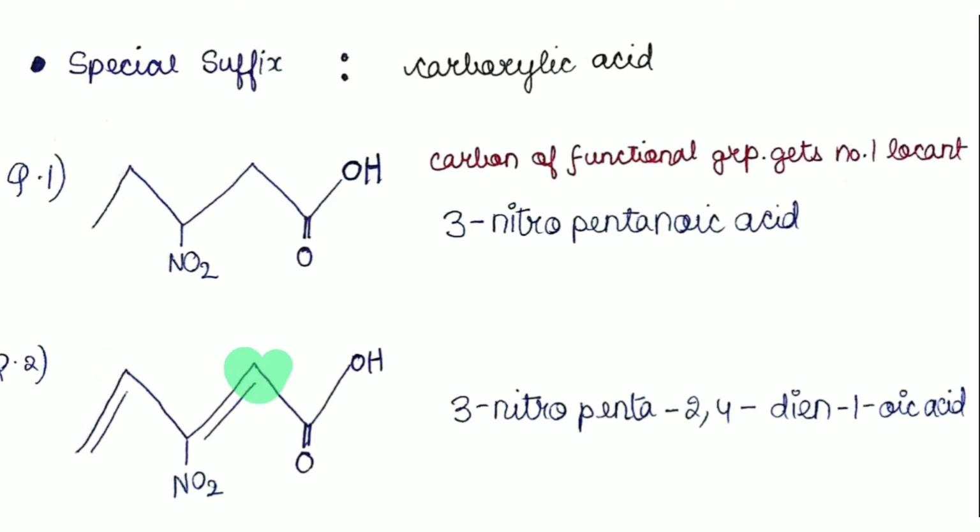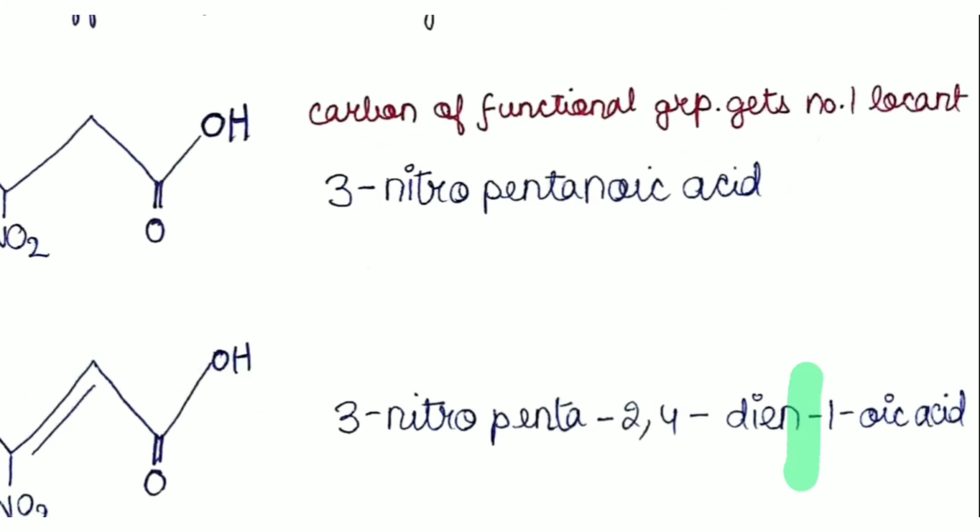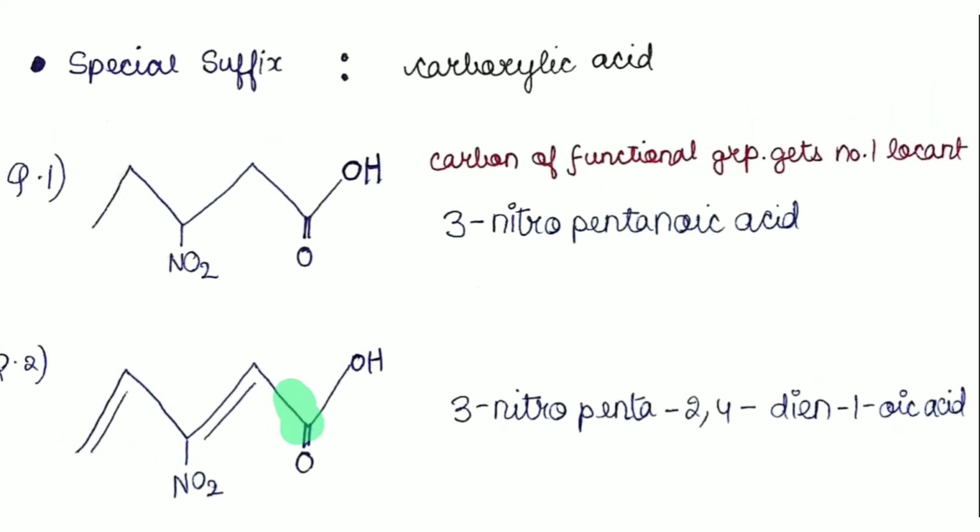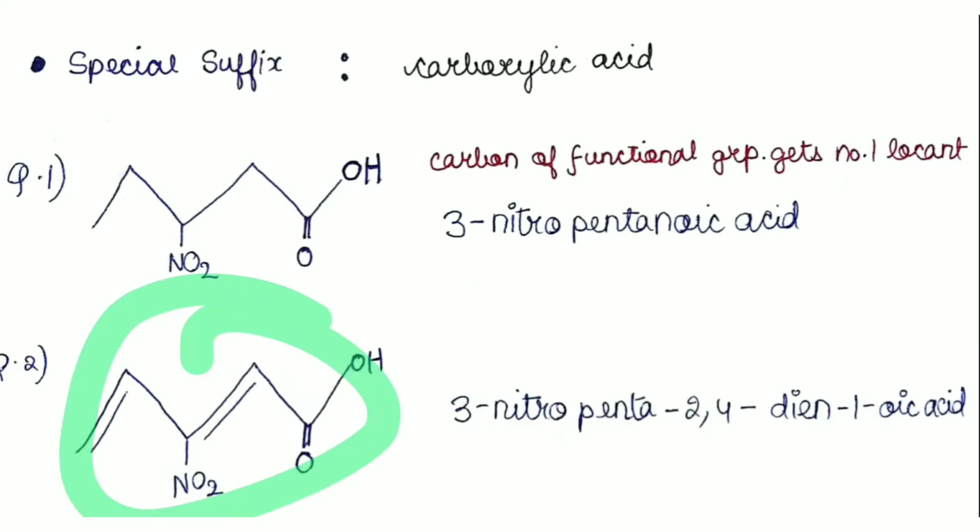Then the E of the diene has been dropped, guys. Just note that the E of the diene has been dropped and has been replaced by the oic acid. And 1 is given to the carbon of the carboxylic acid, therefore 1-oic acid. 3-nitropenta-2,4-dien-1-oic acid is the name of this compound.